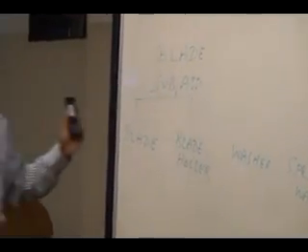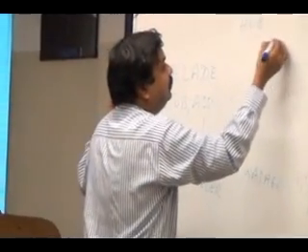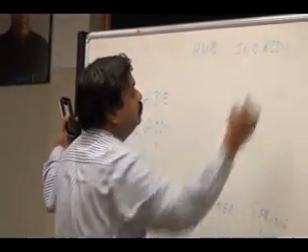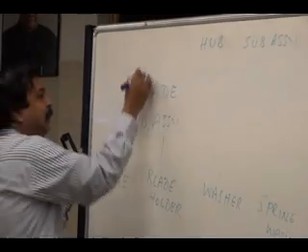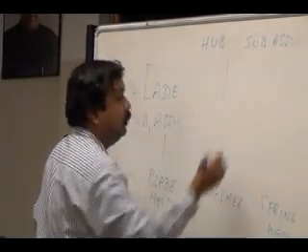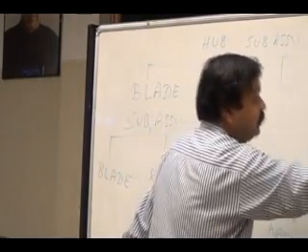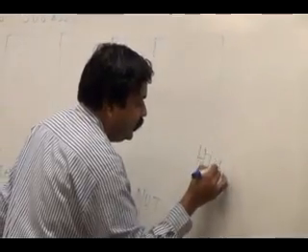Now, this is the hub sub-assembly. In the hub sub-assembly, you have a washer, bolt, and nut.